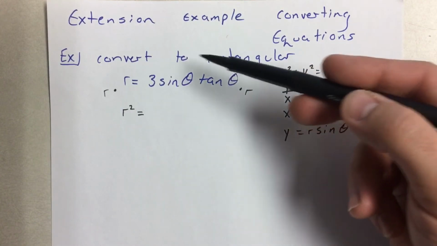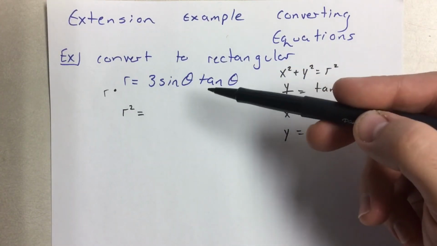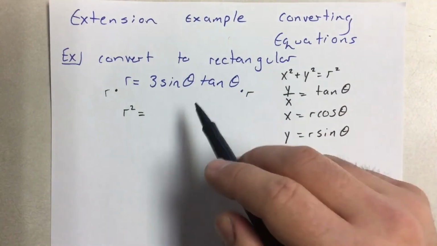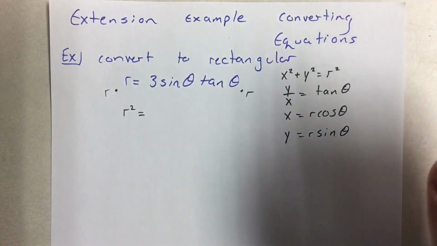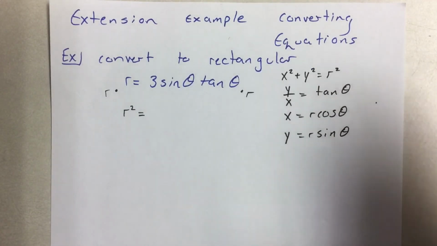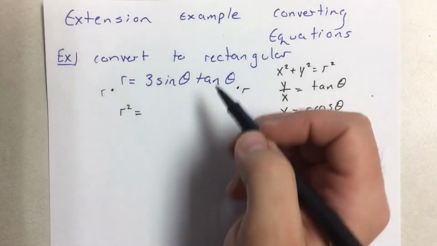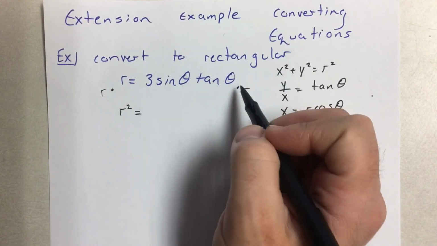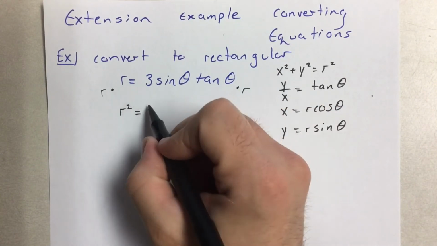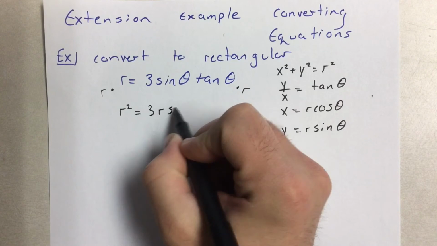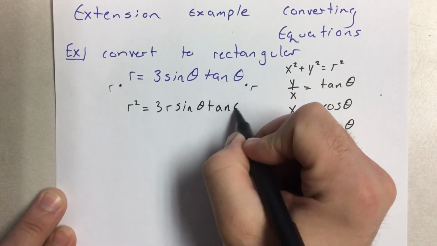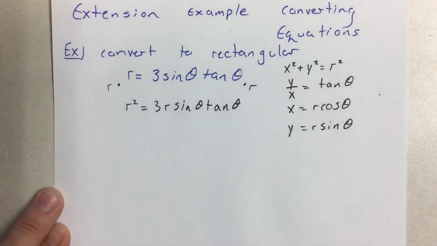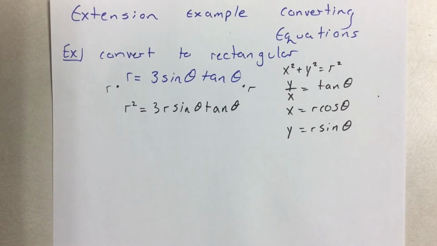This is actually one whole term, like thinking of this as x times y instead of x plus y. When I multiply by r, it's just 3r and then sine theta tangent theta. That r is only there once.